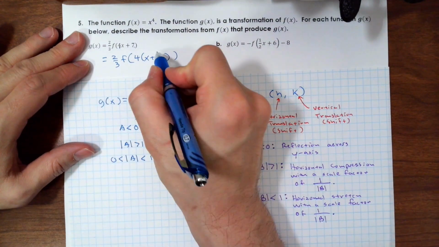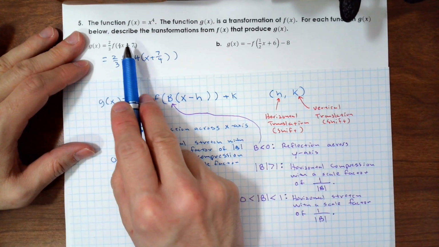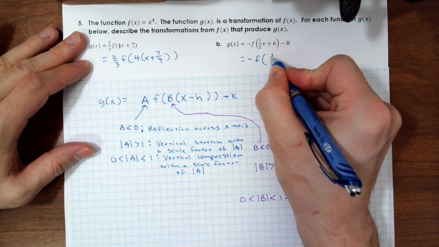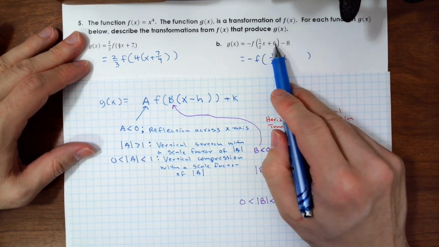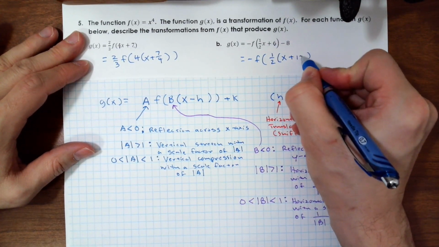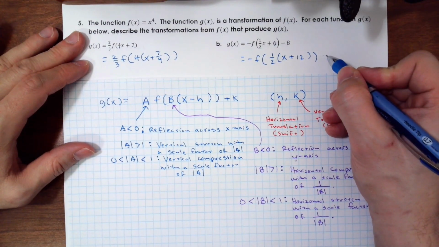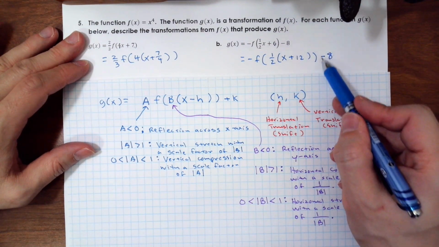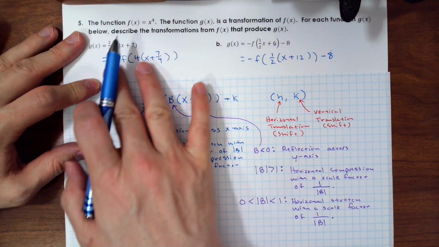So divide 7 by 4, that's 7/4. Because see, if you distributed, you'd get back to 7. Here, we're going to factor out a 1/2. So divide by 1/2. What is 6 divided by a half? That's a 12. Oh, and then we're going to have a nice, boring vertical shift down 8.